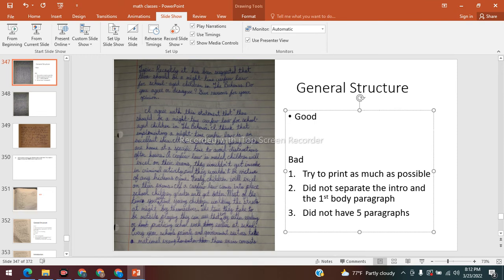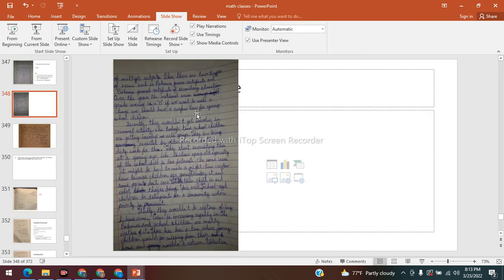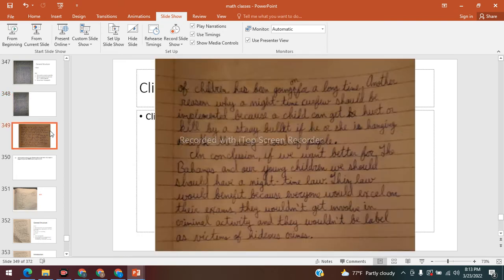That's general structure. Looking at it, what else do you see? Just general structure. Be honest now. I don't see anything wrong with it.